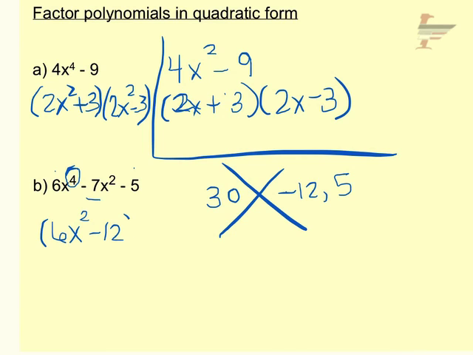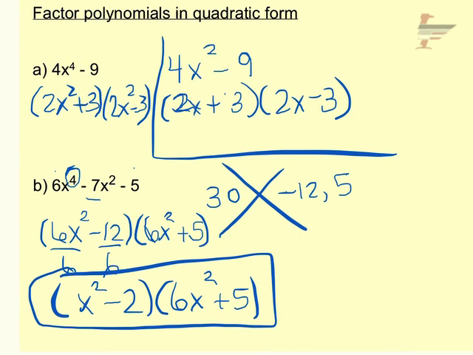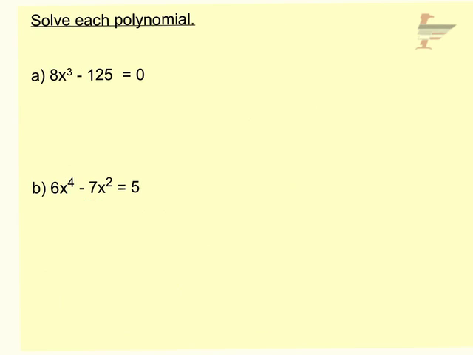And then minus 12 and 6x squared plus 5. And then I can take out a 6 on this one. So that's going to leave me with x squared minus 2 and 6x squared plus 5. And there are my factors. So it's very much like factoring a quadratic. It's just going to be higher degrees. So remind yourself about that.